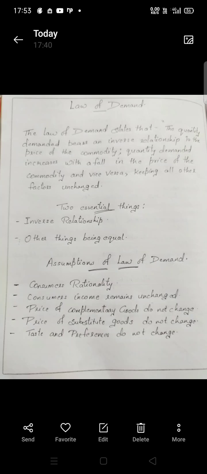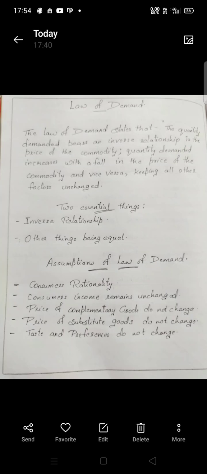Inverse relationship, you know it very well: demand for a commodity carries an inverse relationship to its price. That is, at a higher price, quantity demanded falls and vice versa. At a higher price, you are forced to consume a smaller number of chocolates or any other commodity, and vice versa. So this is the inverse relationship.